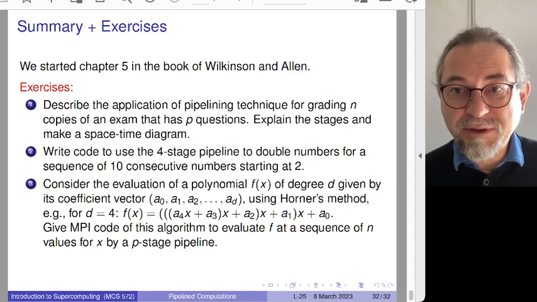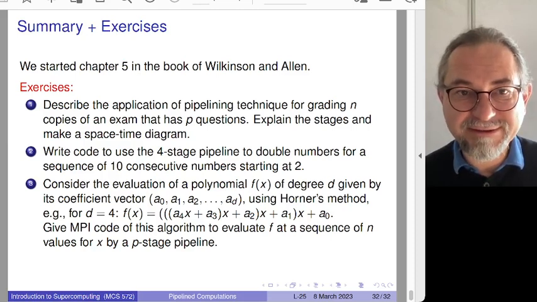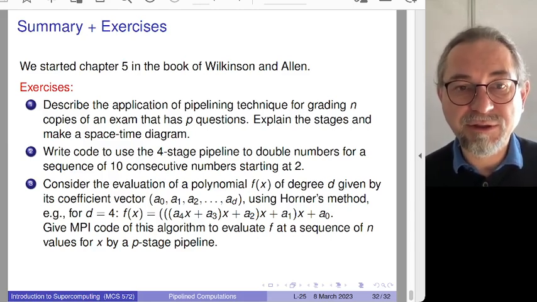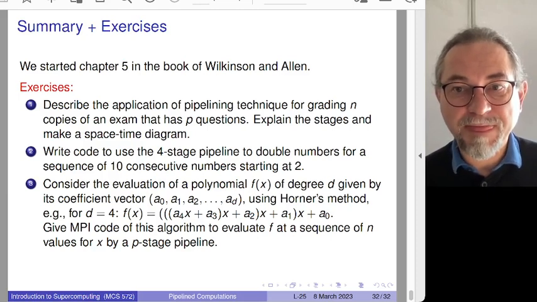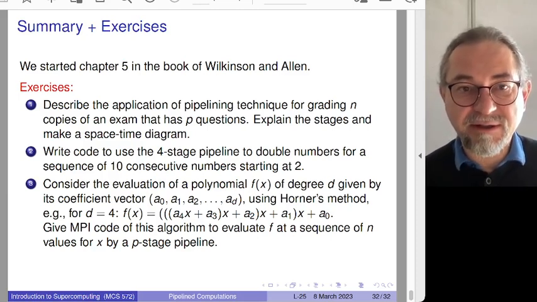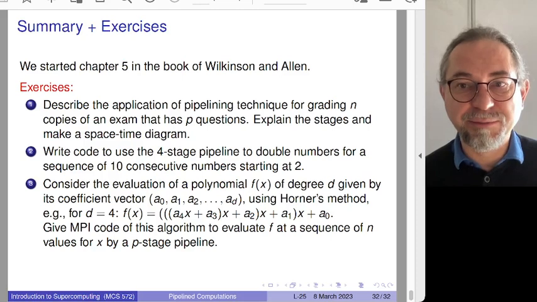Okay, so I hope that this lecture was interesting and not too confusing. We will continue pipelining when we consider sorting. And the main benefit there with pipelining, with distributed memory computing, is obviously the large data sets, distributed database.